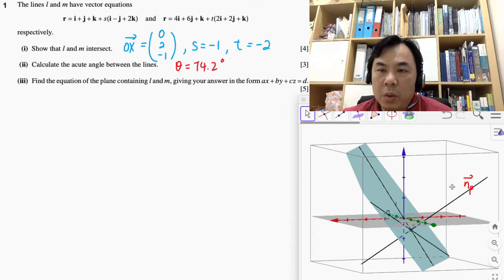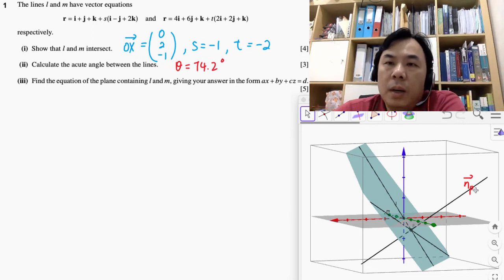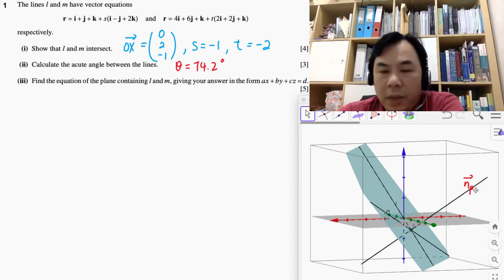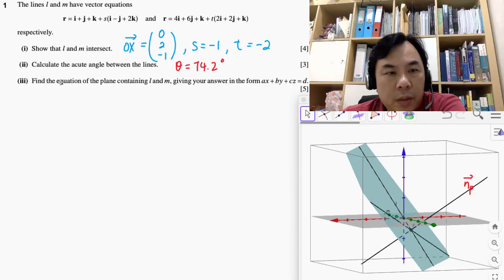So we need to work out the normal vector here. One of the ways we can use to obtain the normal vector to the plane is called the vector product. Instead of using the scalar product, we're going to use the vector product. Let us just recap again. We are still referring to the same vectors here.